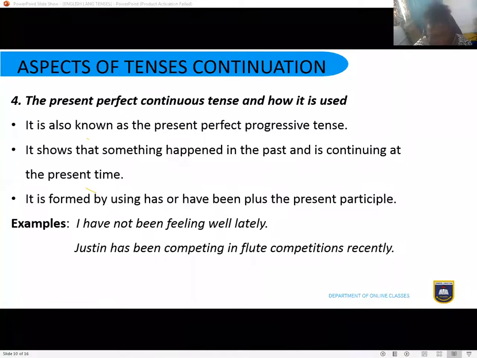Now, before we proceed with this, I want someone to tell me, or arrange for us, the aspects of the tenses that we started with. Agbocha Cindy, is she on the line? Yes, madam. Very good.